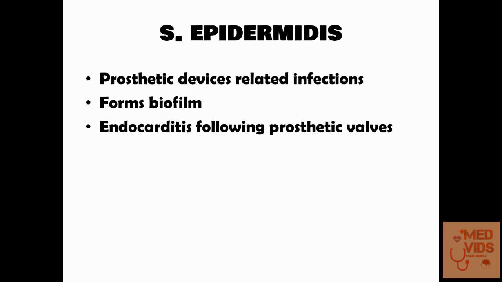What happens is they have surface adhesins with which they bind to the prosthetic valves, and they form a biofilm, which is actually a protective layer formed by polysaccharide material. This biofilm layer prevents the host's immune system from entering it, and these bacteria can safely stay inside the biofilm and escape from the host's immune system. So this is a common infection caused by Staphylococcus epidermidis.